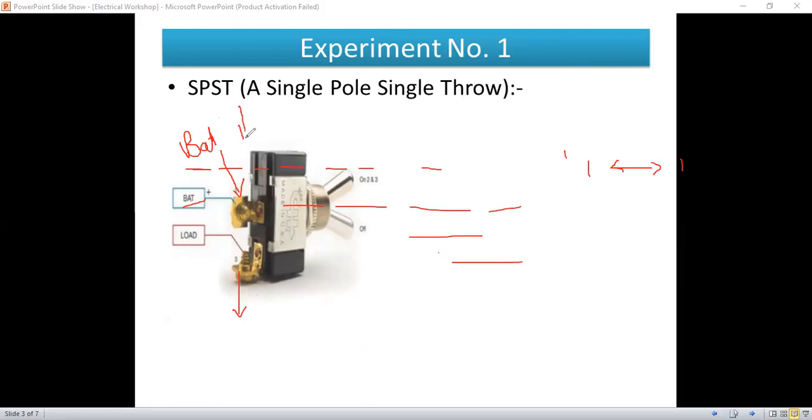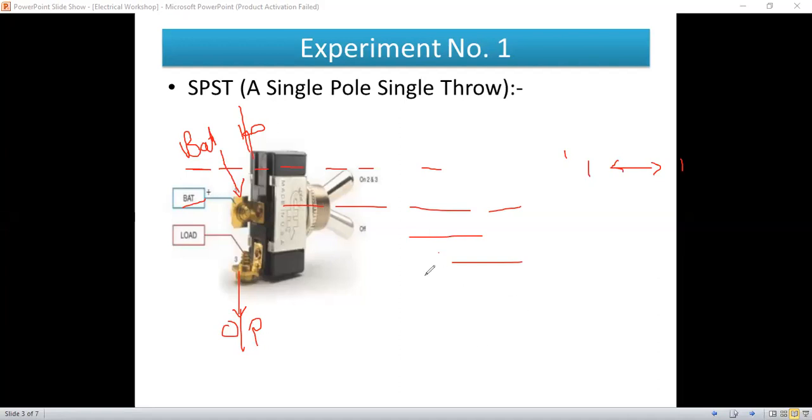So this one is the input terminal and this one is the output terminal. When we throw this switch, that pole, or that terminal, can be connected directly.